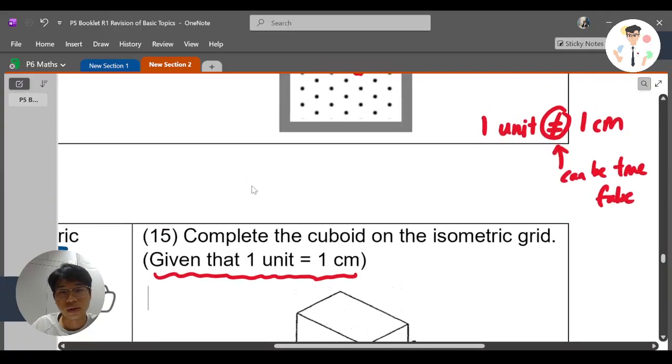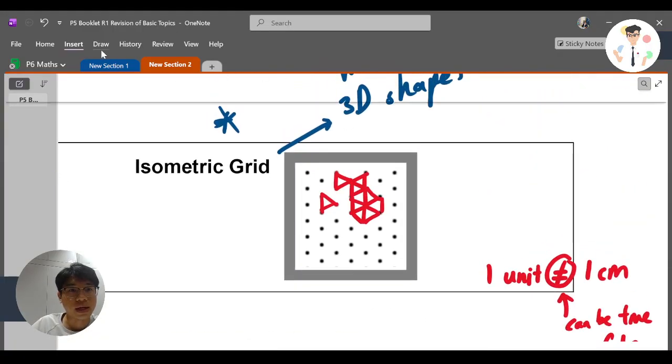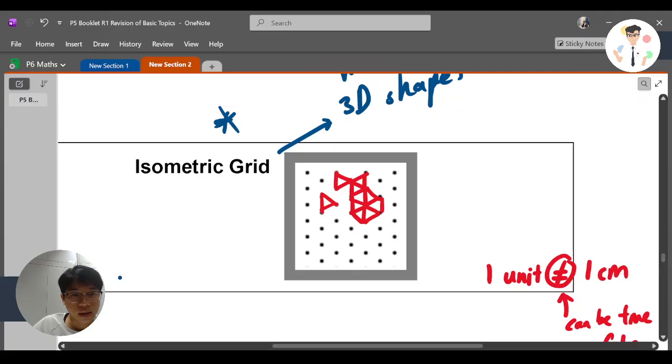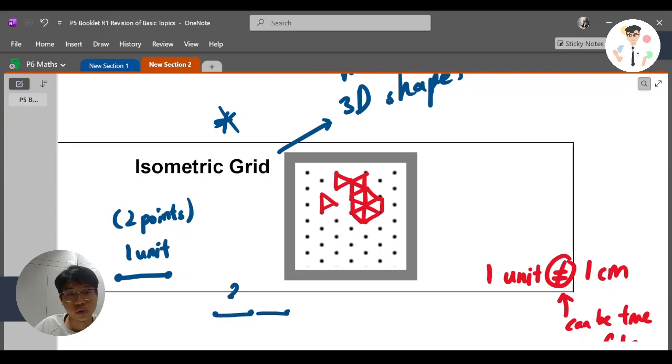So far, so good. One more thing to remind you: as I mentioned, from here to this point is 1 unit. And you should notice that 1 unit actually has 2 points. 1, 2, 3: 3 dots, 3 points, is 2 units.